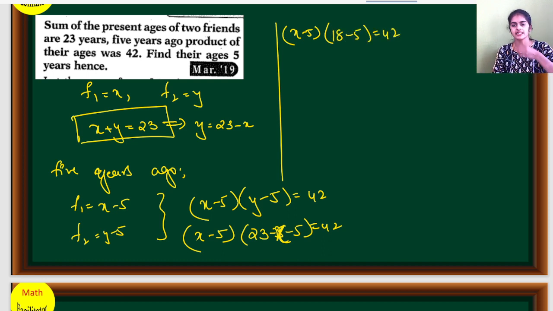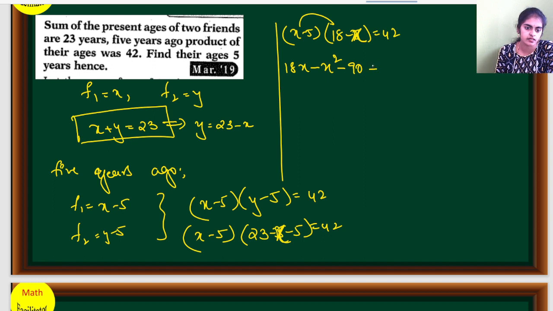Okay, till here is it clear? Yes. So now what we can do is multiply this X into 18. X into 18, and it is plus 18X minus X square, and this is minus 90 plus 5X equal to 42.